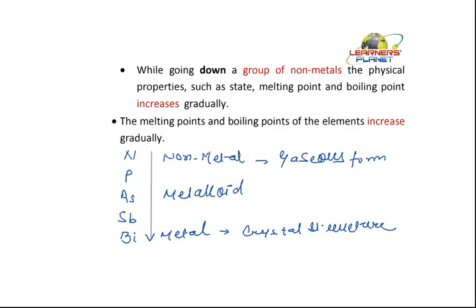In case of a group of non-metals, there is a gradual transition from non-metal to metal. And always remember one thing, what? That metals have higher melting points or boiling points than non-metals.